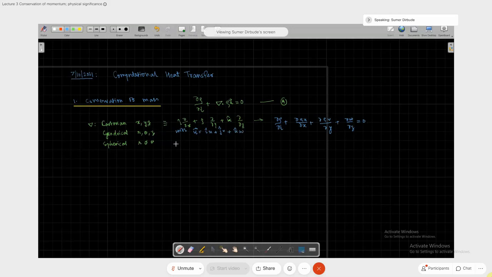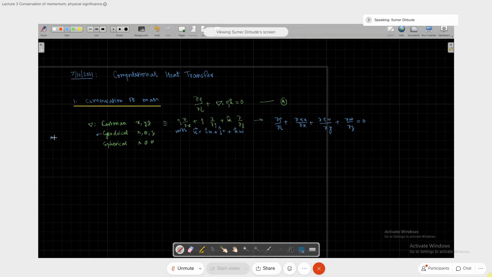Similarly, in cylindrical coordinate, you get equations, and also in spherical coordinate. To get cylindrical and spherical coordinate equations, you can use the relationship between x, y, z and r, theta, z.